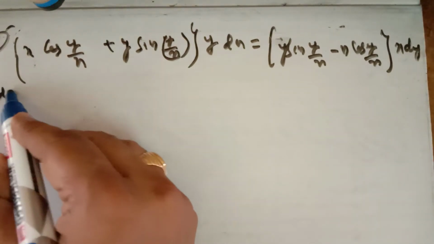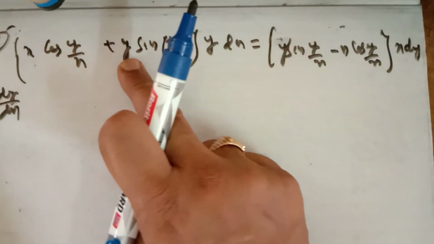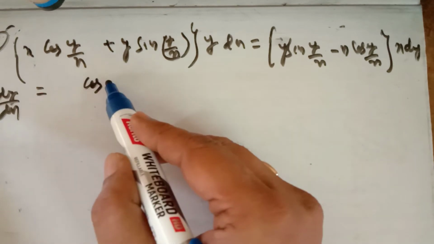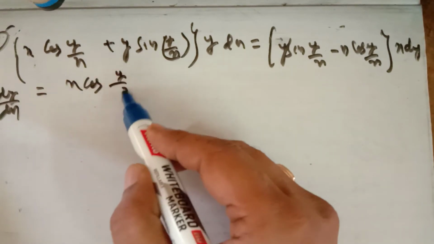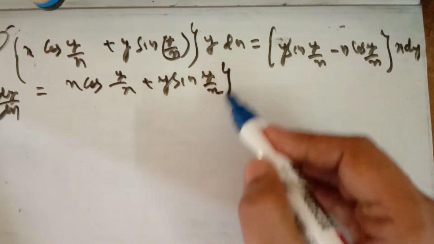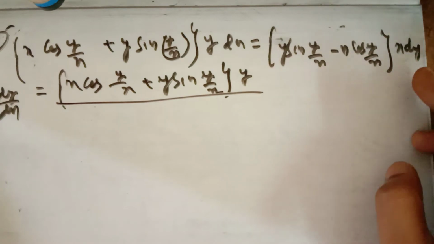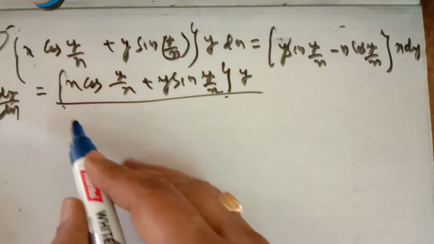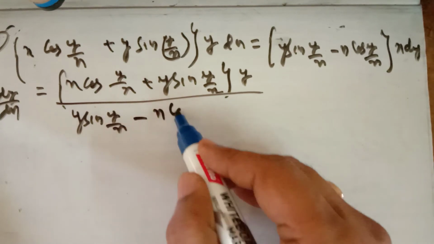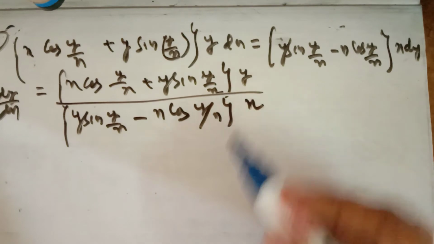So dy upon dx will be this upon this: x cos(y/x) plus y sin(y/x), into y, upon y sin(y/x) minus x cos(y/x), into x.